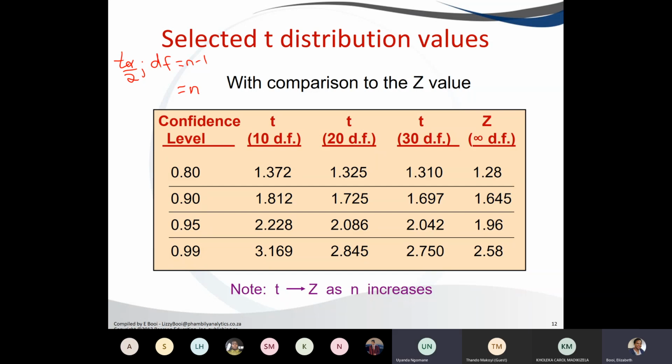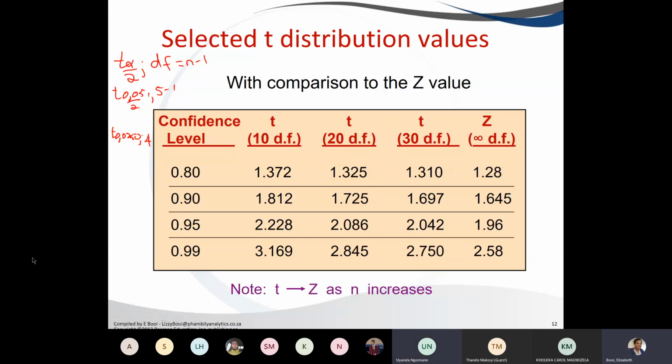So we go find the critical value: our T alpha of 0.05 divided by 2, and our degrees of freedom of 5 minus 1. Therefore, our T will be 0.0250, and 4 is our degrees of freedom.